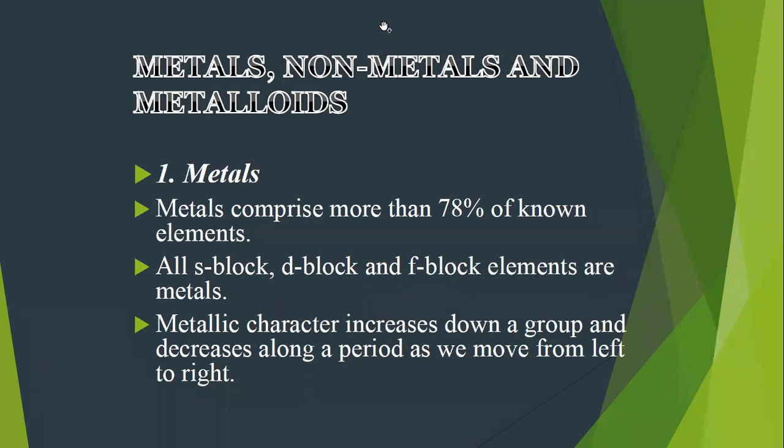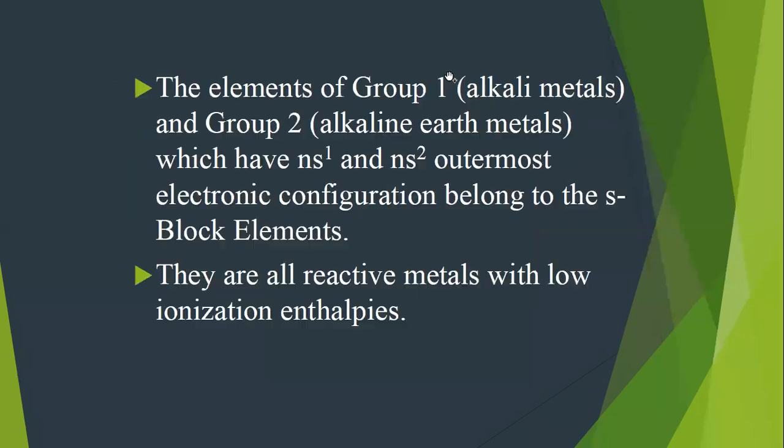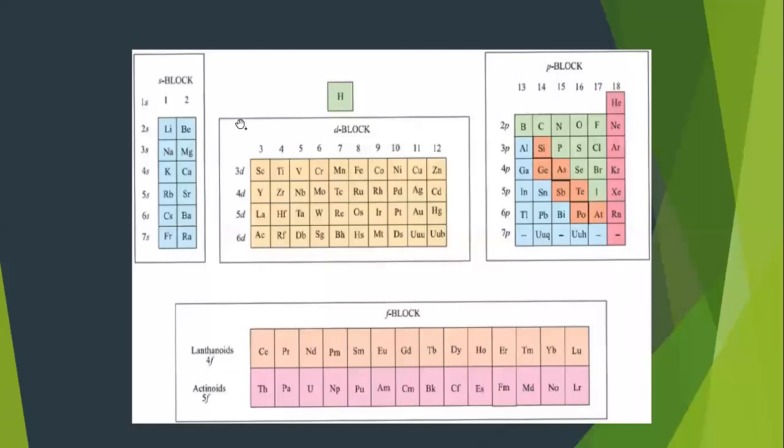Now, this is an important point, beta. Why is this important? Because we must know how the characteristic changes when we move down the group and across the period. Since this is your periodic table on the screen, when we move from top to bottom, this is the group.